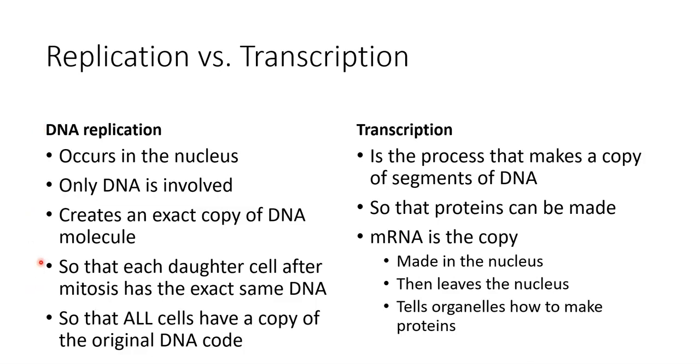So all the DNA in the nucleus of your cells, the purpose of DNA replication is to make copies of that, so that when the cell goes through mitosis and then splits into two daughter cells, all the new cells have the exact copy of the original DNA code from the time the organism was a zygote. So DNA replication is simply making a copy of the original DNA code so that it can get passed on to new cells, so that they always have the same code.